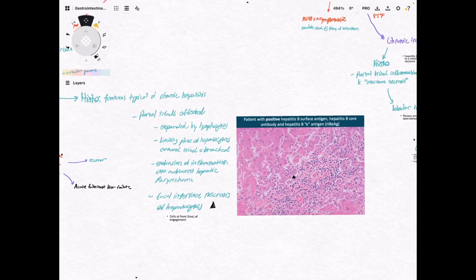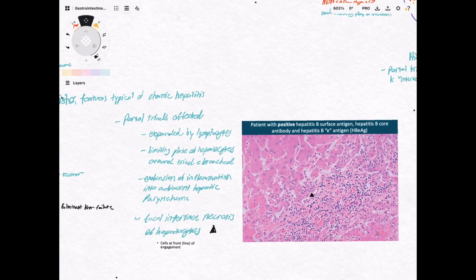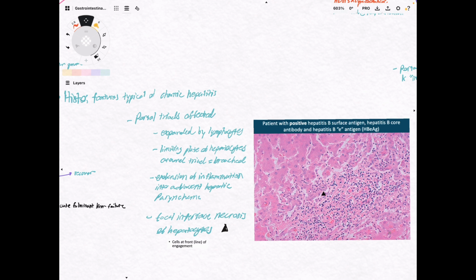So the histo for this is you're going to have portal triads that are mainly affected. Remember, the hepatocytes are split up into portal triads, and you have zone 1, then 2, then 3 that go into the central vein.